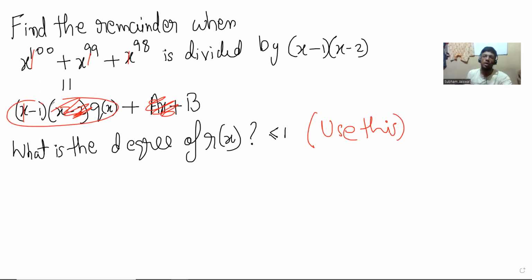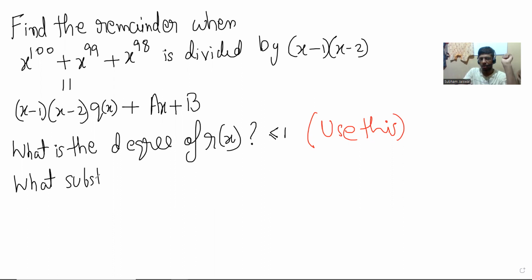Here, what should you do? What substitutions should we make? That is the question. After you've used this, what substitutions should we make?